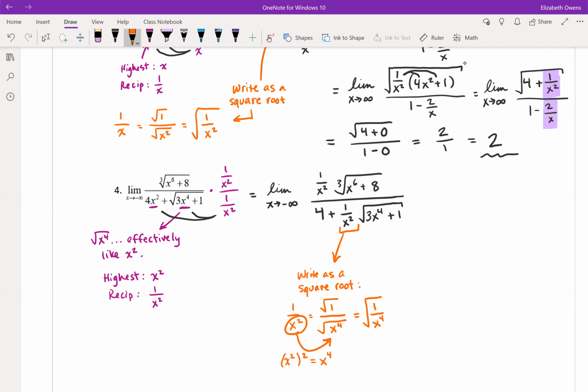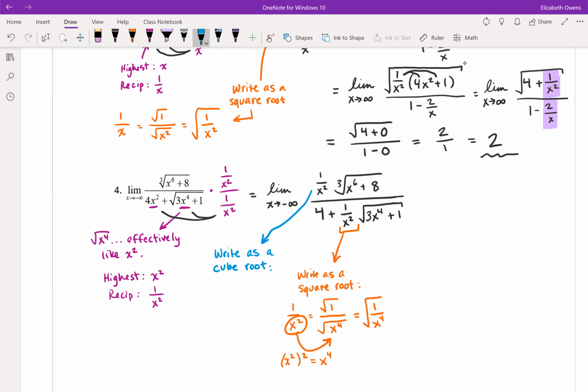All right, now we do have another multiplier to look at in this problem. We've got the 1 over x squared up in the numerator, and notice that it is next to a cube root. So we're going to switch things up a little bit for that. All right, so this one we need to write as a cube root.